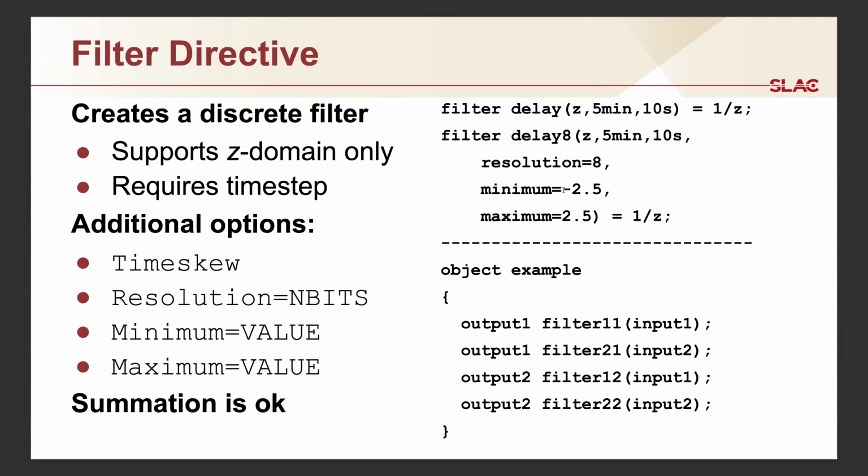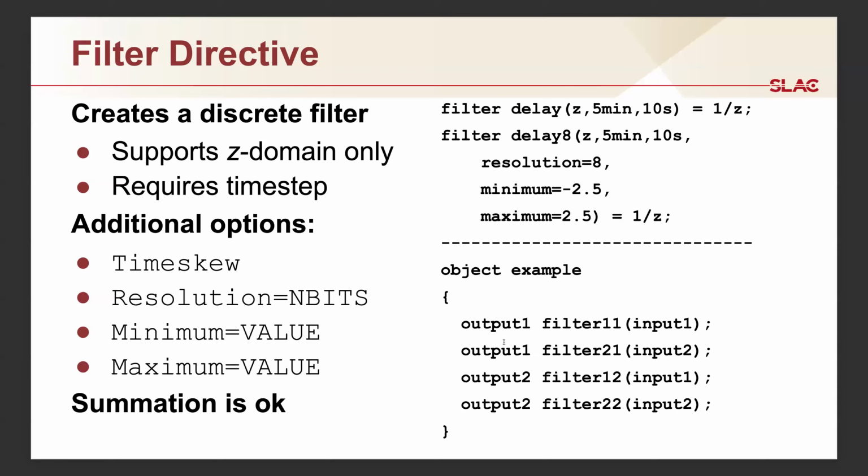So any value above 2.5 or below 2.5 would be clipped at that value. And so these kinds of specifications allow you to implement a lot of the kinds of things that you find in digital systems, digital control systems in particular, and allow you to implement things like saturation and low resolution digital systems.